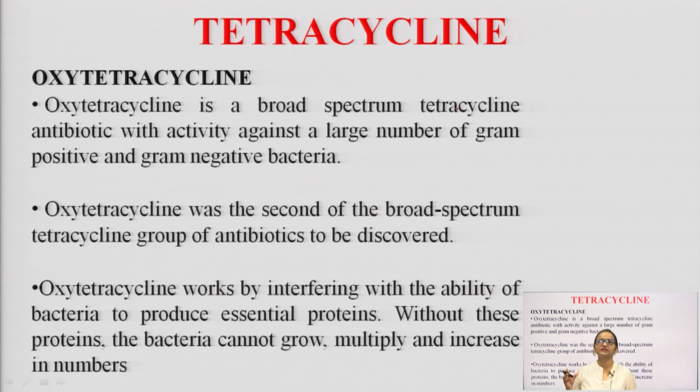All the tetracyclines which we are talking about are very selective for bacteria. That means the bacterial proteins are not synthesized, and so they can't survive for a very long time. That is why they have broad spectrum activity. Without these proteins, the bacteria cannot grow, multiply and increase in number.